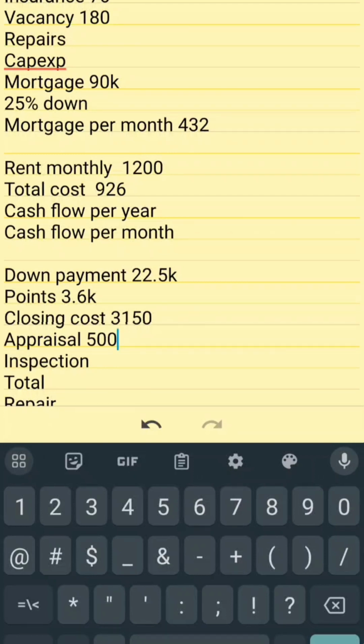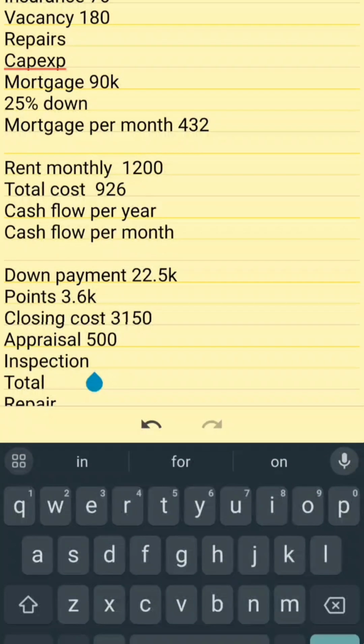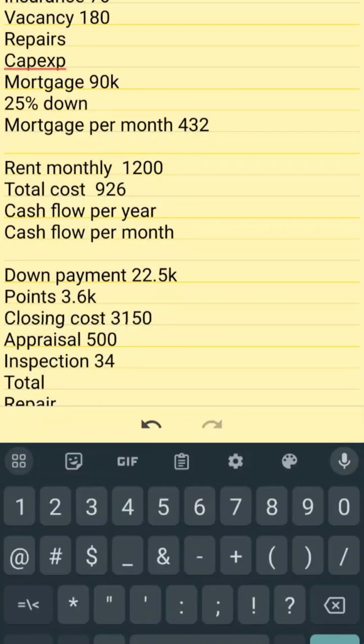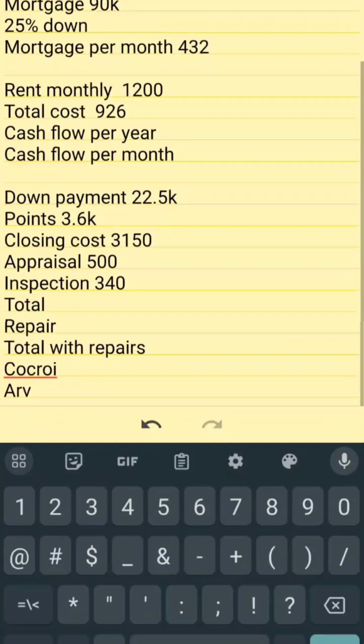Obviously, the bigger square foot, or if they have additional barns or other areas that need to be inspected that would be outside the normal spectra of a house, then your inspection could be a little bit more.